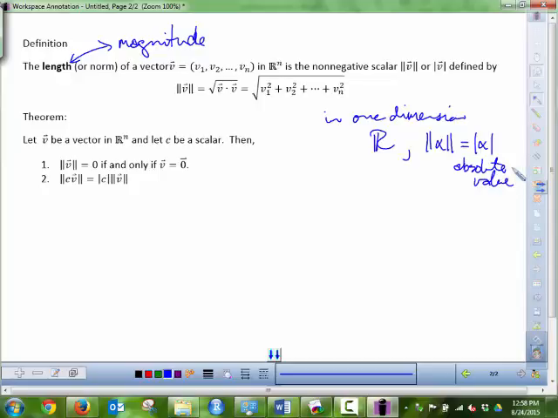And so once in a while, if I'm in a rush, I'll just put single bars for a vector in Rn, R3, R4, whatever. If I put a single bar on a vector, it's assumed to be the length or the magnitude. So we should think about length and absolute value, or magnitude and absolute value, to be the same thing.